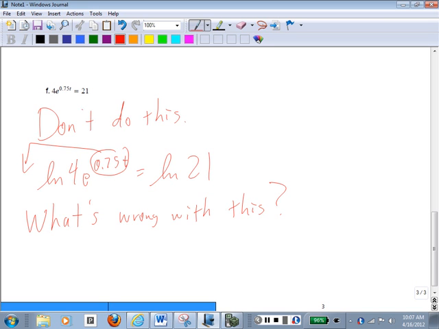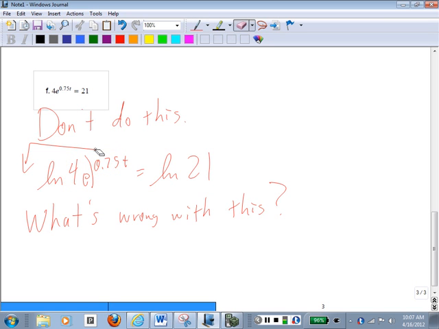It's in between the ln and the e. The issue with the 4 is that the e is raised to the 0.75t power, but the 4 is not raised to the 0.75t power. If we had parentheses around the 4e, which we don't, then it would be fine. The natural log of an expression raised to a power, that power comes out in front. But this is not the log of an expression raised to a power.